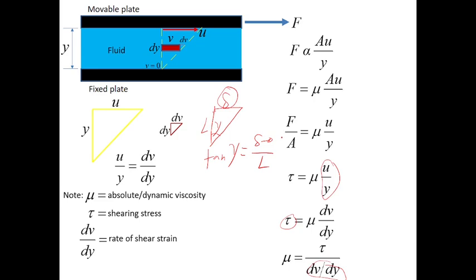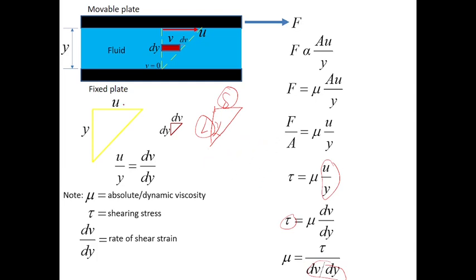Ang unit niyan ay unit of length. Yung delta na yan. Okay? So, ang L na yan ay unit of length din. Okay? So, ang angle ngayon natin ay in radian or degree. Okay? In radian or in degree.